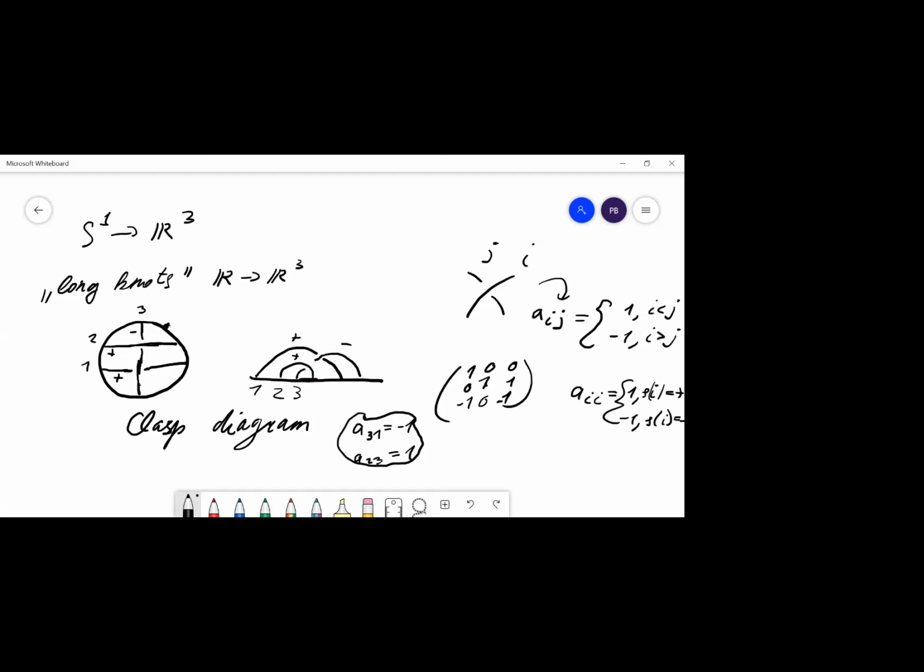Значит, каждому пересечению соответствует 1, 0 и либо единичка, либо минус единичка в симметричной клетке. Well, yeah, it works.